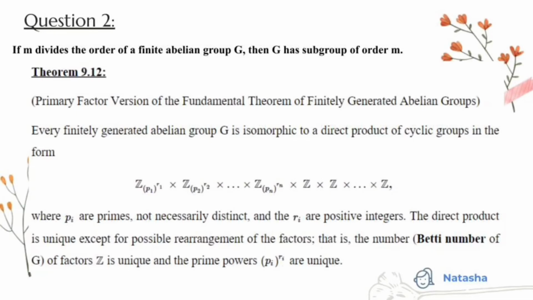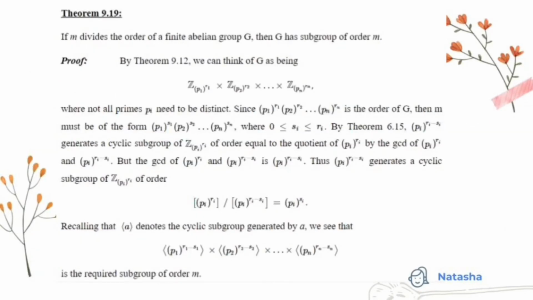The direct product is unique except for possible rearrangement of the factors, that is, the Betti number of G, the number of factors, is unique and the prime powers pi^ri are unique. Theorem 9.19 states that if M divides the order of a finite abelian group G, then G has a subgroup of order M. This is what we want to prove.